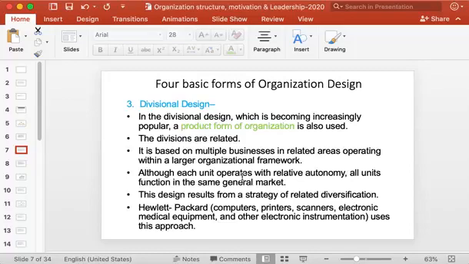In this form of organization, each unit may work with relative autonomy, but all units function in the same general market. And this design results from what is called a strategy of related diversification.